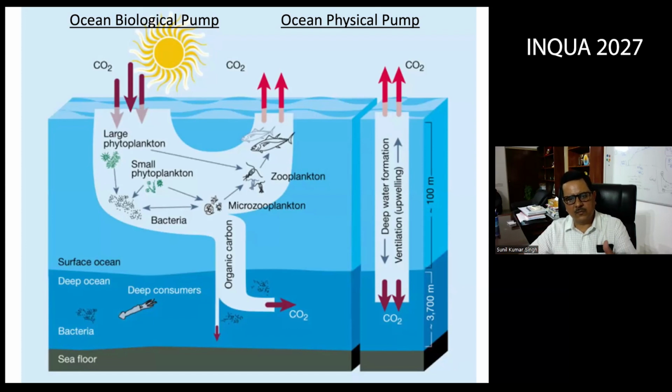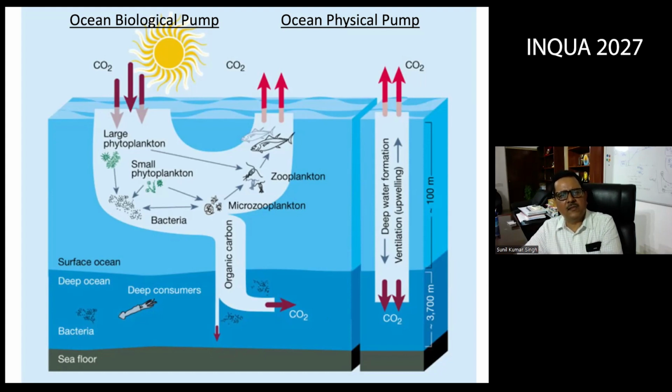Part of that goes to the fishery and then back to the atmosphere. But a very significant part goes to the deeper ocean, and about 3 to 5% of this carbon goes to the sediment, where it gets buried and becomes part of the whole Earth system, going back to the mantle from where the CO2 came. So this biological pump is very important in controlling CO2 and temperature.